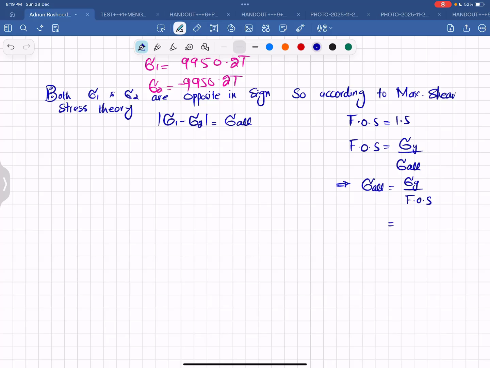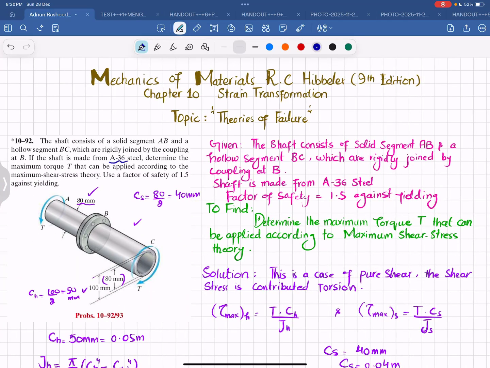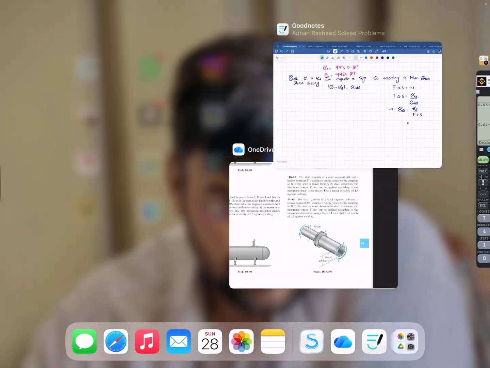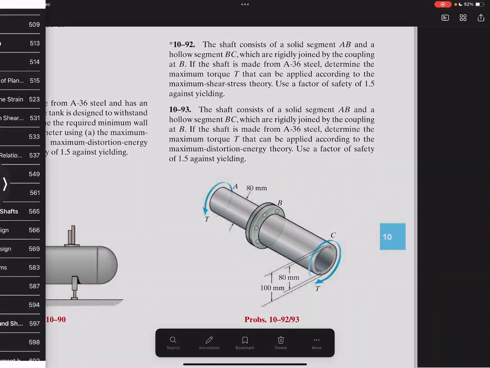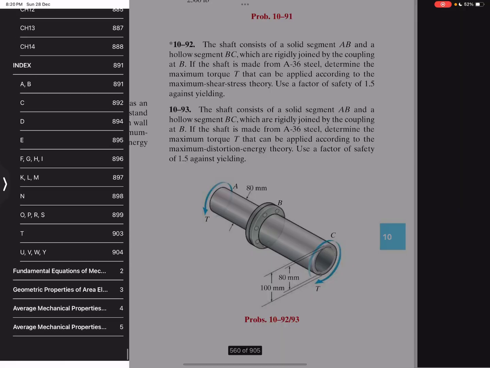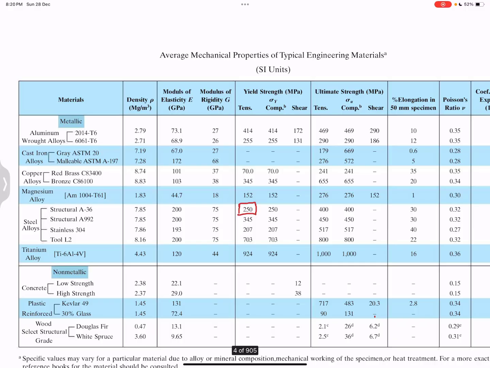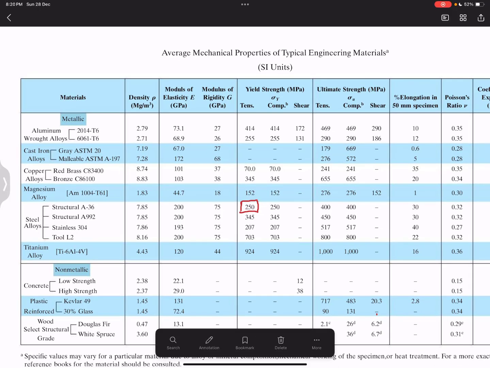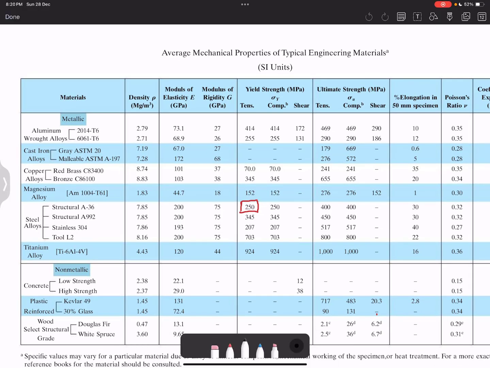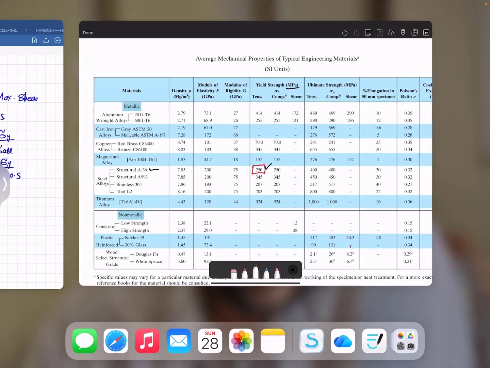Sigma yield is not given, but the material is given, that is A36. So you have to go to the end of the book, and in the average mechanical property table in SI units, you can see A36 is 250 megapascal. This is A36, this is the tensile strength, and the unit is megapascal.